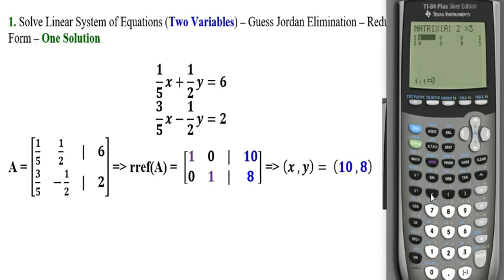For x we have 1 over 5 and 3 over 5. For y we have 1 over 2, minus 1 over 2.